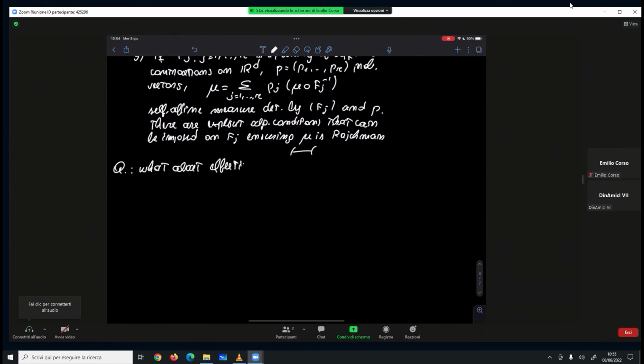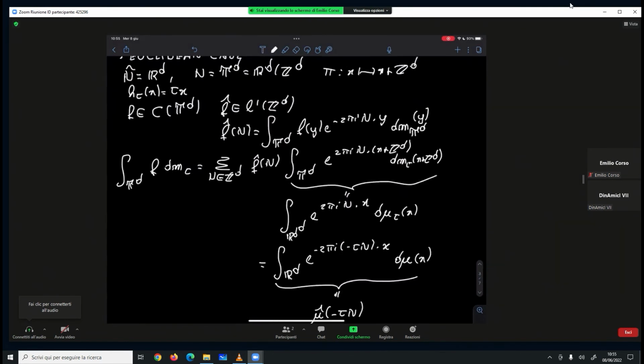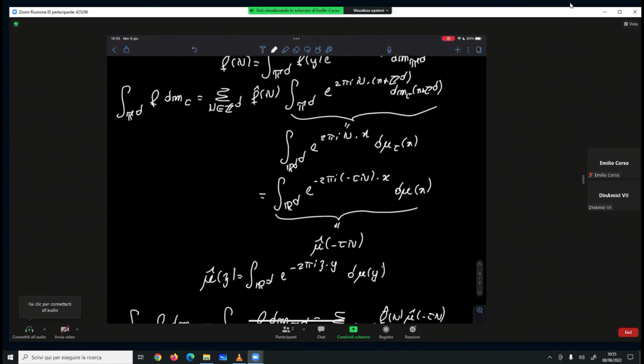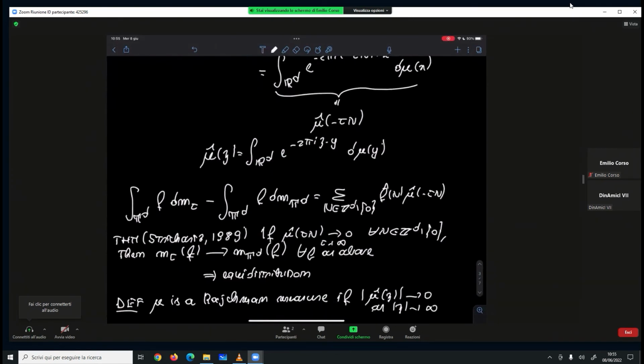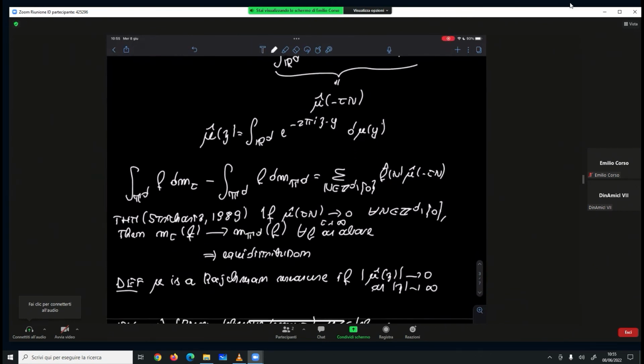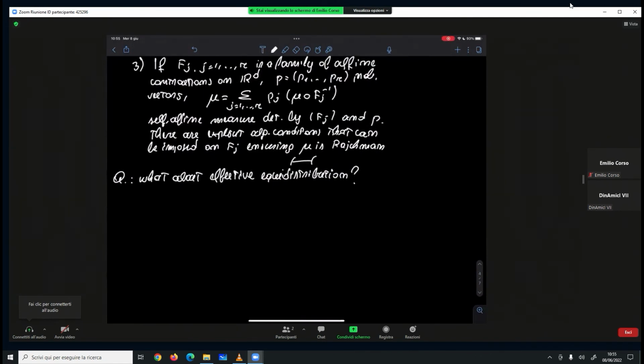Well, if you go back to the elementary argument that I ran at the beginning, it is clear that as soon as I have some quantitative information on the decay rate of the Fourier transform of mu, then I can immediately upgrade the statement to an effective version. And let me phrase this in this way.